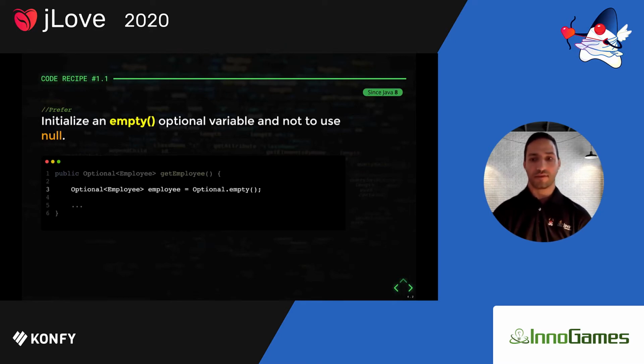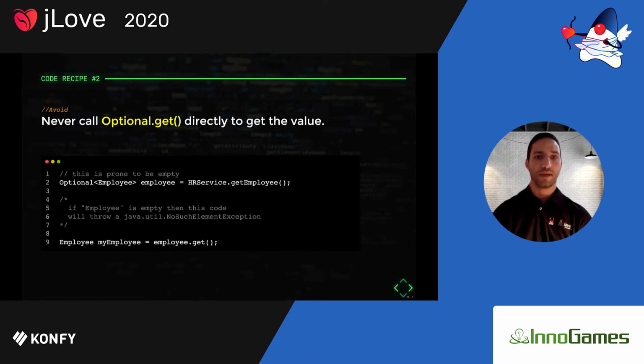So let's see another case. It might not be related to the null pointer exception, but it is just throwing an exception. You find something like this: I have an Optional and I would like to get the value, so you call get. If you are working with Spring and you have your repository API, any single-result method like find by ID or find by name will return an Optional for you.